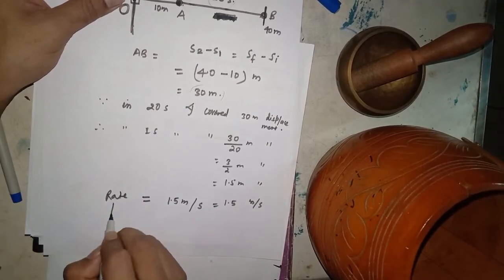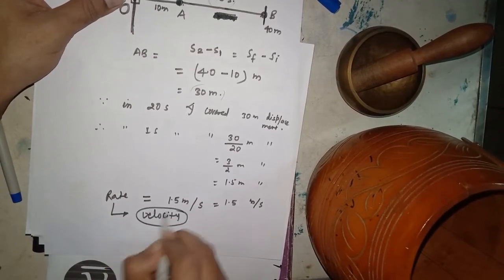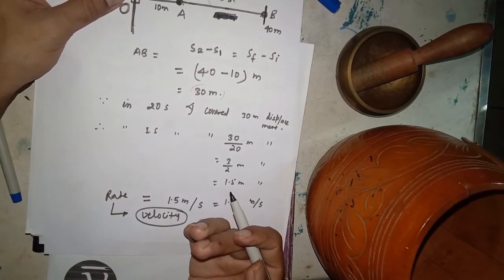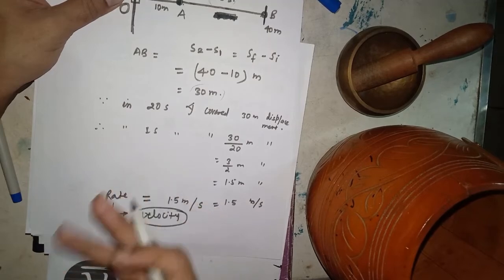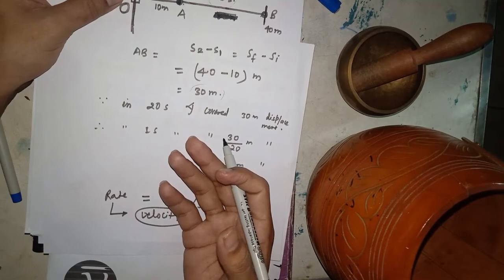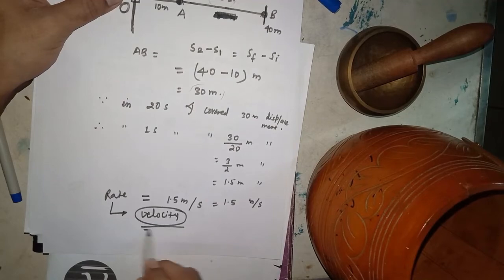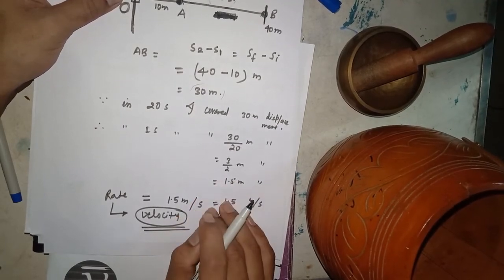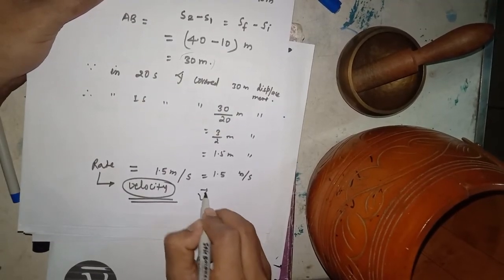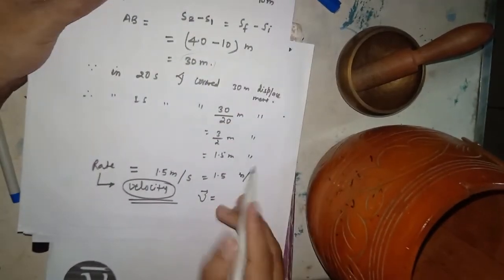This is nothing but velocity. Its name is given by velocity. This rate has a special name because it is an important term in kinematics. Have you got my point? So what formula can you get? Velocity is equal to S2 minus S1, or S final minus S initial, that is 30.